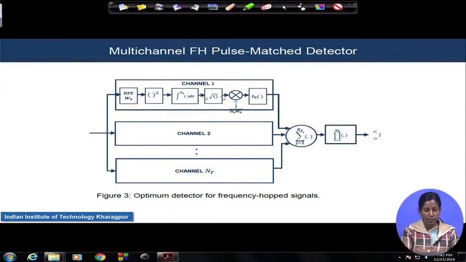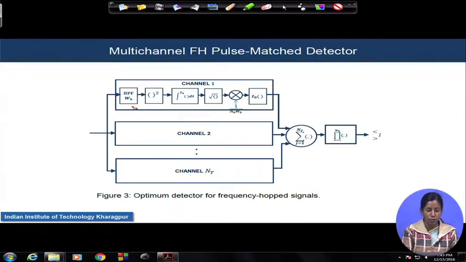Inside each and every channel, we saw in the earlier graph that there are independent channels, and the choice of k is such that the number of channels is equal to the number of hops in the whole WSS. Now we are zooming inside each channel.